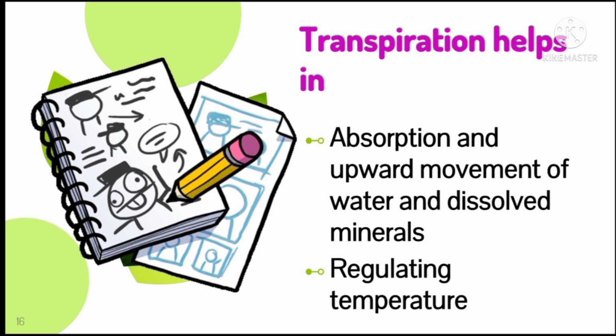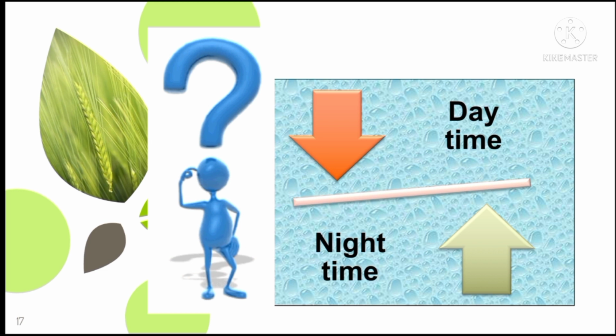During the daytime, when the stomata are open for photosynthesis, the transpiration rate is very high, and hence plants use the transpiration pull mechanism to transport water. During the night time, when the stomata are closed, the transpiration rate is very low, and hence water is transported through the root pressure mechanism.